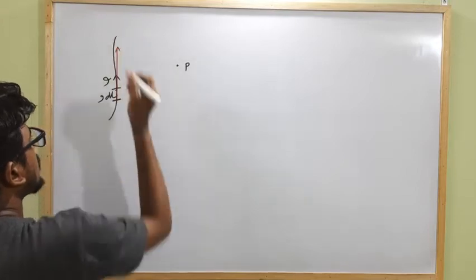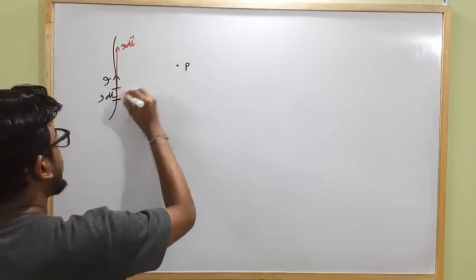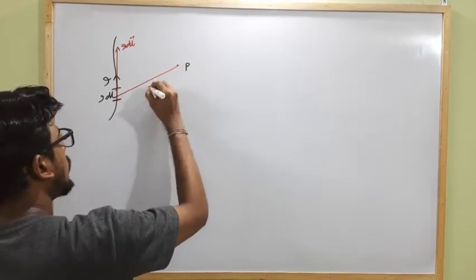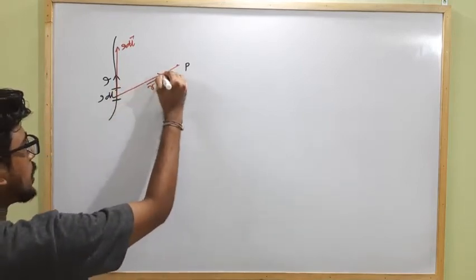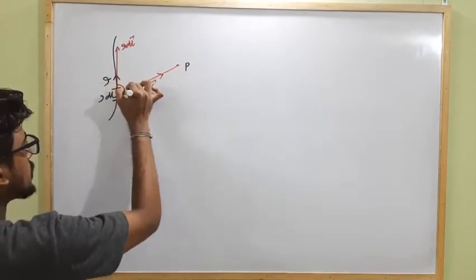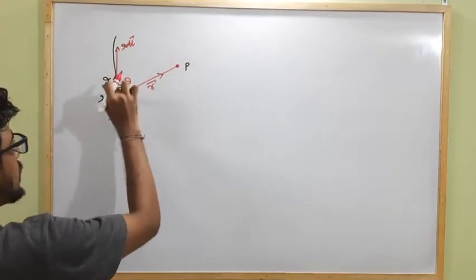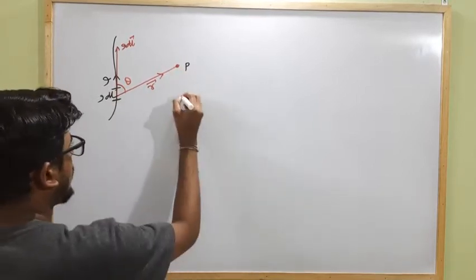This is the direction of the I dl vector, and the position vector of the point of observation with respect to the element is r, where the angle between the position vector and the element direction is theta. Then the magnetic field strength due to this element at the point of observation P will be how much?